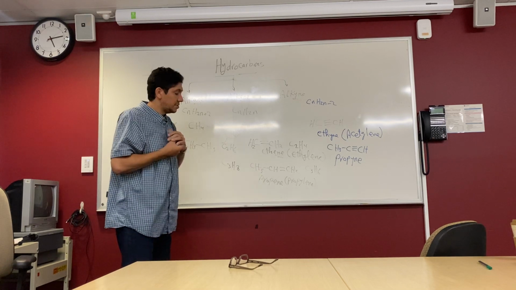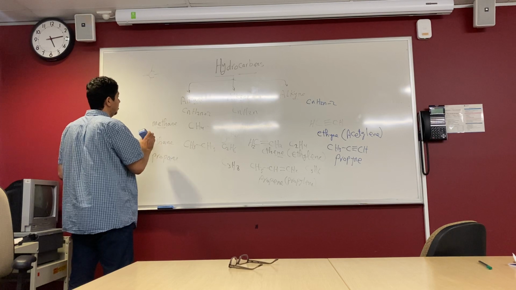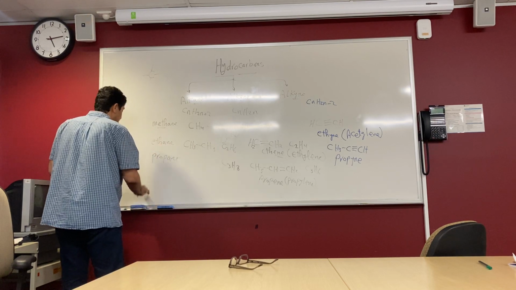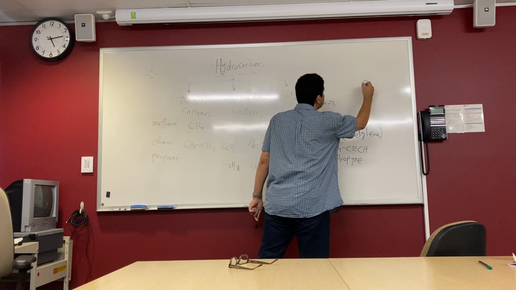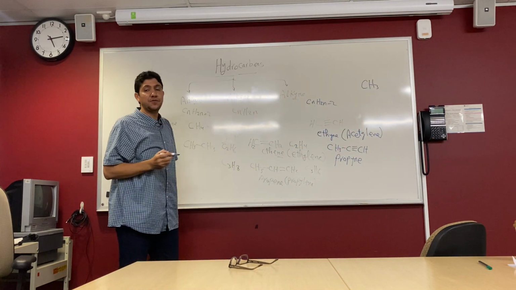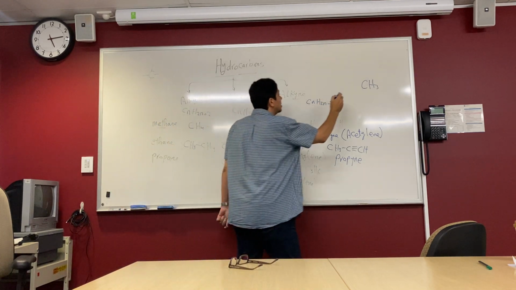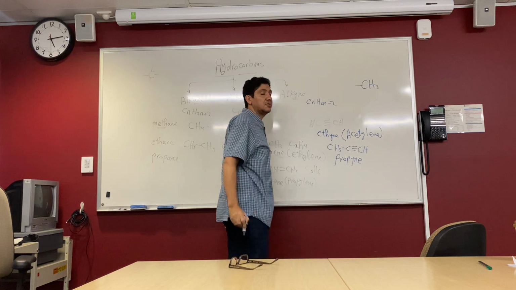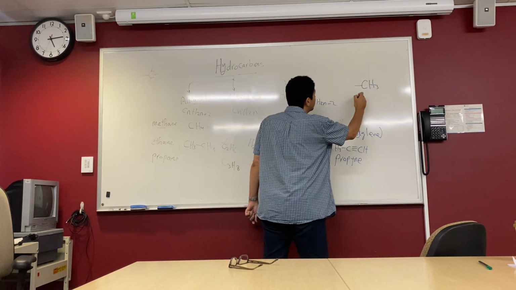Let's go into more detail about nomenclature. But before we move on, what if we have CH3? How many bonds are left for the carbon atom here? 1 bond, right? So this is a group, not a compound. This is called the methyl group.